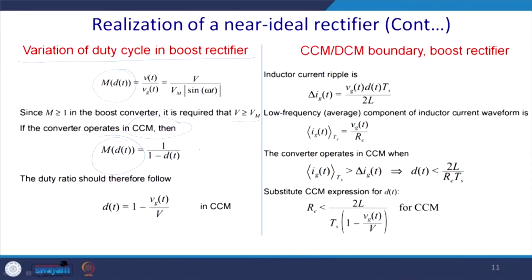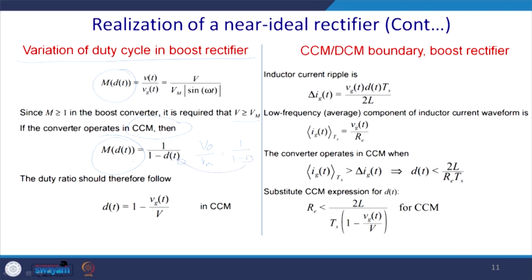So, then this value M(d(t)) will be equal to, in the case of the boost converter, 1 by 1 minus d, that is V0 by Vin is 1 by 1 minus d.